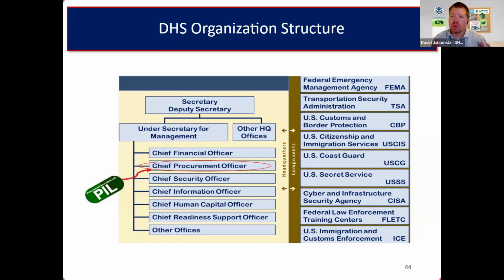That's where we're located, right in headquarters with the DHS Chief Procurement Officer. And all the components on the right-hand side of the page, FEMA, TSA, CBP, some of these you're probably aware of as well. Those are ones that we're all supporting and coaching on a day-to-day basis if they need assistance with procurement innovation. So let's go to the next slide here.